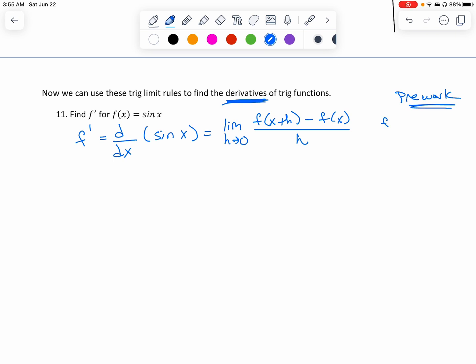Let's see. f of x is just sine of x. So this negative f of x will just be negative sine of x.